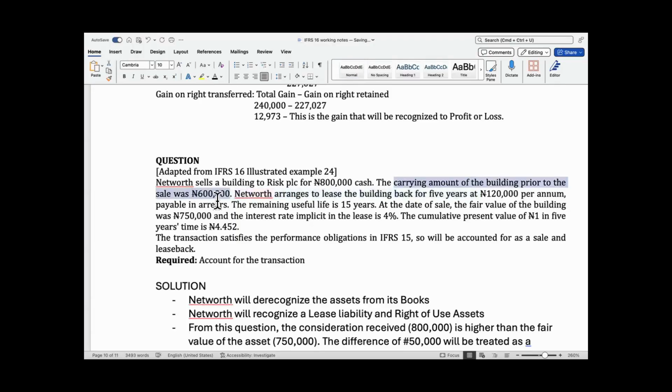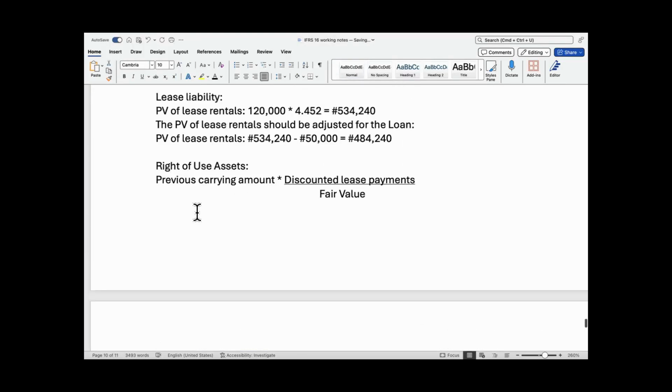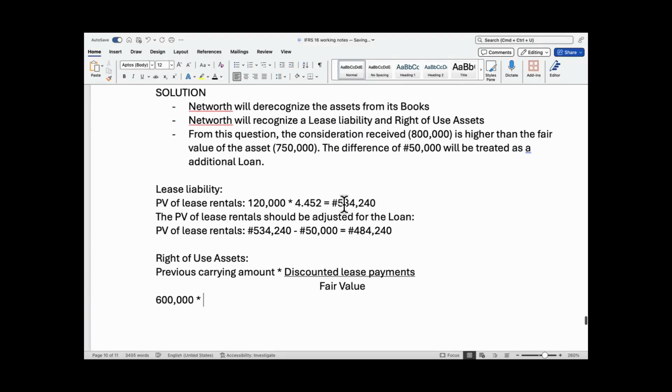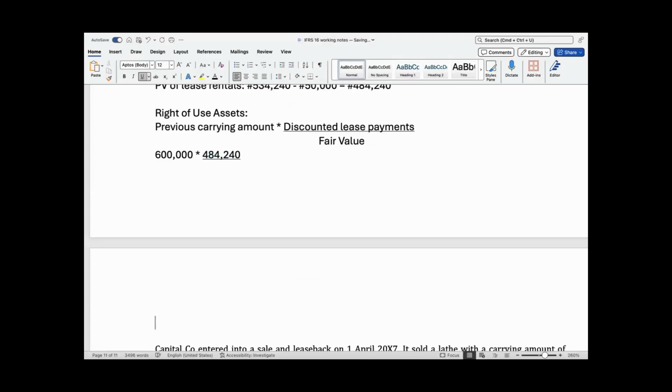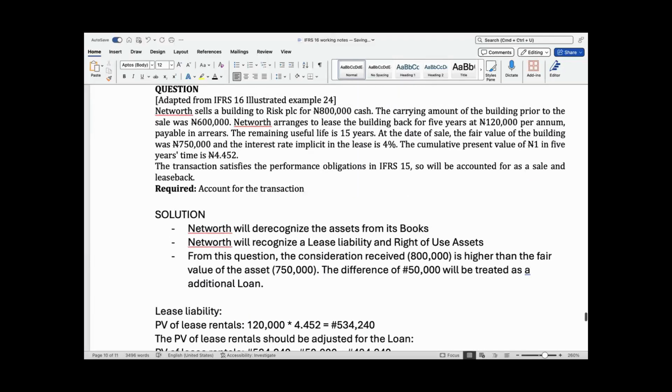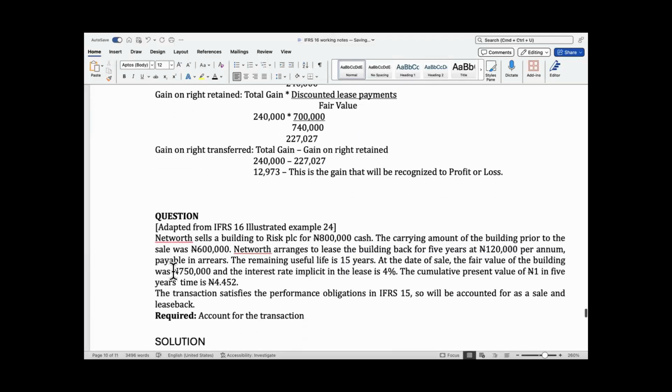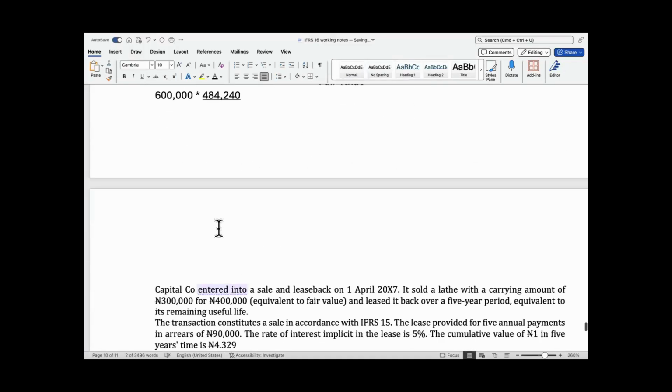It told us the carrying amount before sale is 600,000. The discounted lease payment is this 484,240. A lot of people will use the other figure, but there is the loan element there. Divided by the fair value of these assets, which is 750,000.